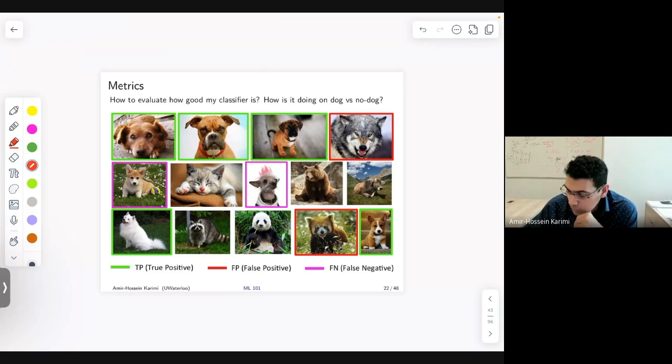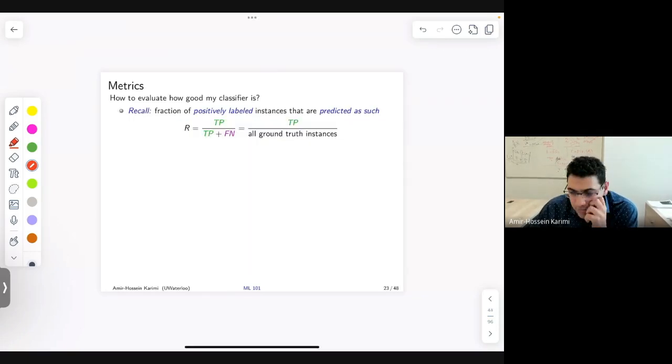Now, what we want to define is a few different metrics for evaluating performance of classifiers that dissect the accuracy a bit more granularly for our task. The first one is called recall.